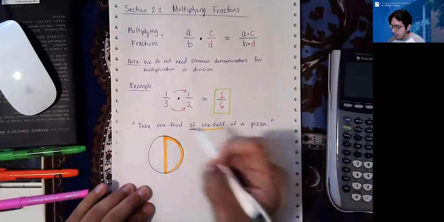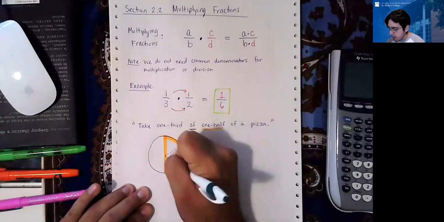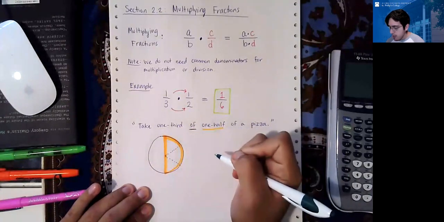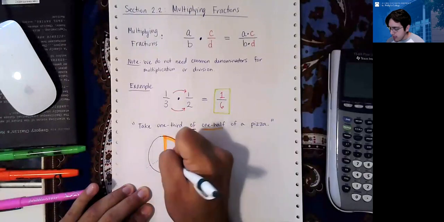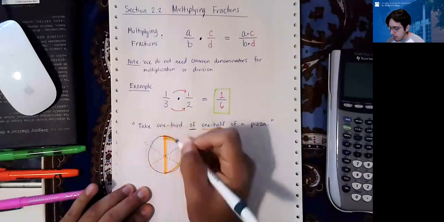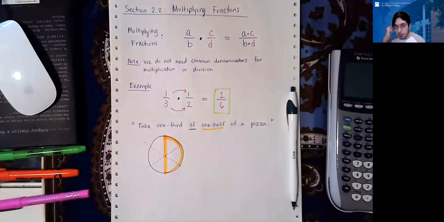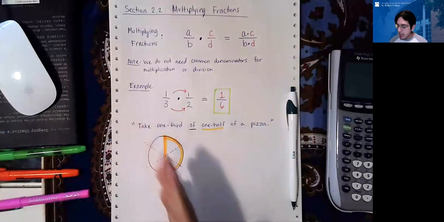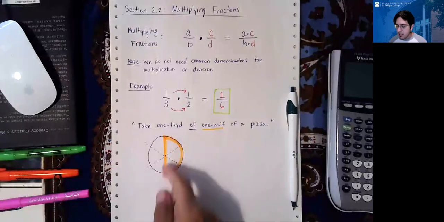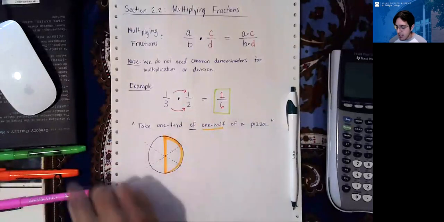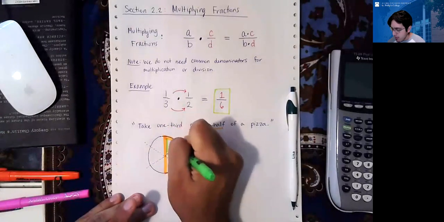So imagine that I cut this up into thirds, like so. But imagine that I extended these lines straight across the entire pizza. Okay. Well, if I did that, and I chopped up the halves into thirds, then what is the size of one of these slices? What is the size of this slice here?